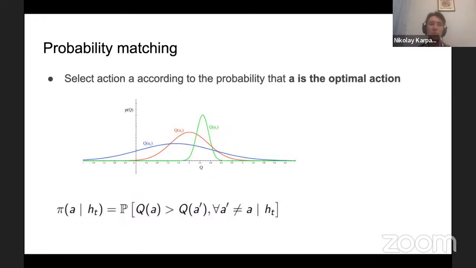One way to formalize the exploration in a different way is to select an action according to the probability that this action is optimal. This gives us some different properties than simply comparing upper confidence bounds. So how to formalize it?